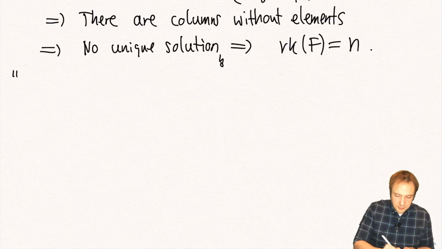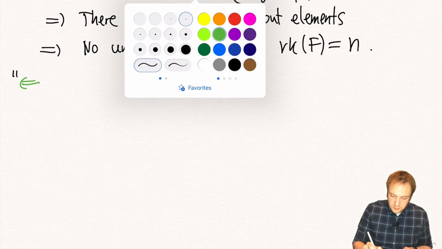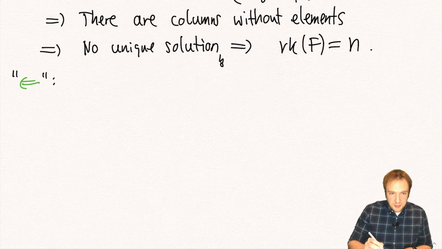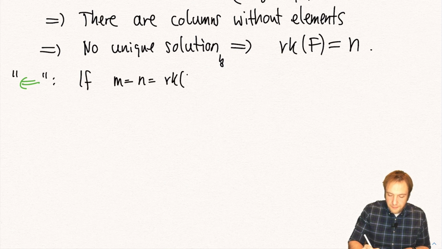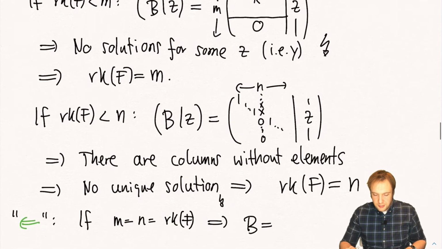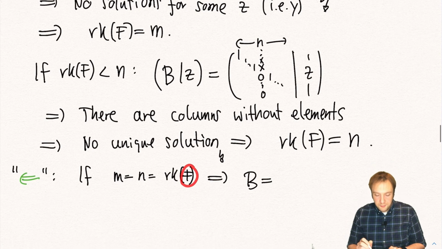So let's go the other direction. If this m equals the rank of f, what does this mean? How does this B look like? The B is a row-reduced echelon form of the matrix of f.